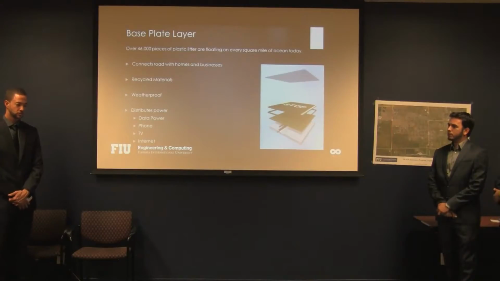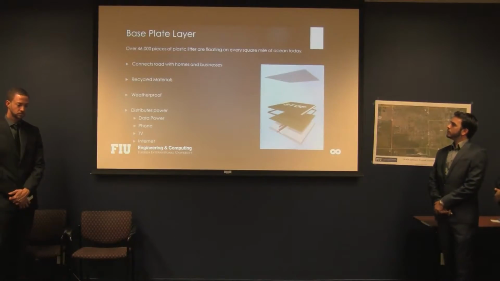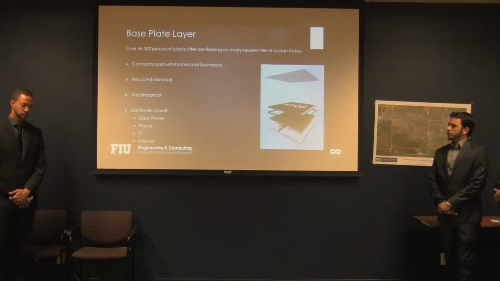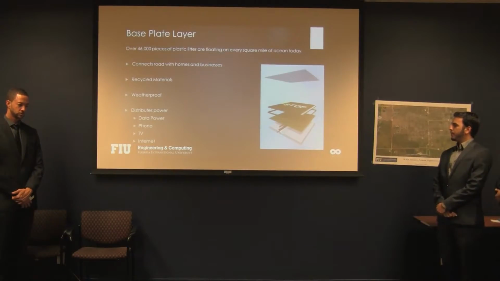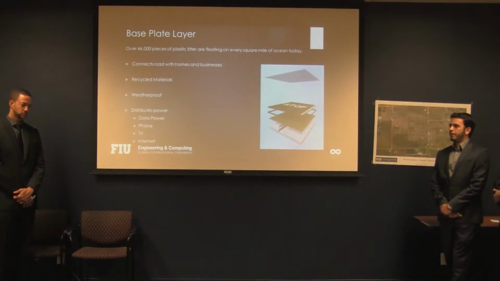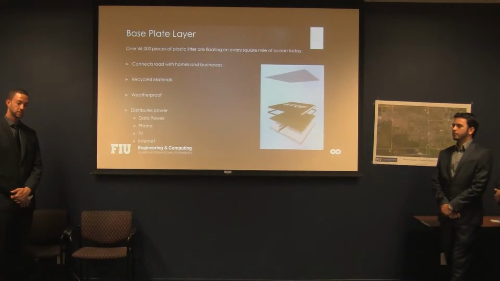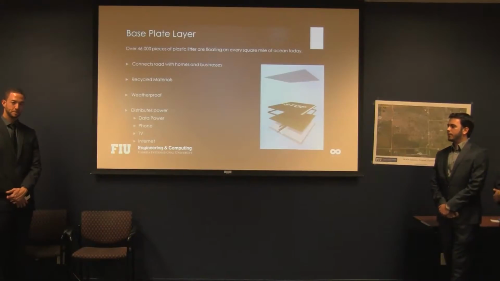Currently we have over 46,000 pieces of plastic floating around in our oceans. We could either leave them there and continue making this planet more toxic, or use them for something better. We can use them for the base plate. This is just as strong, and it is weatherproof, it's recycled material, and it distributes power between the roads and the homes, or between the roads and the businesses.